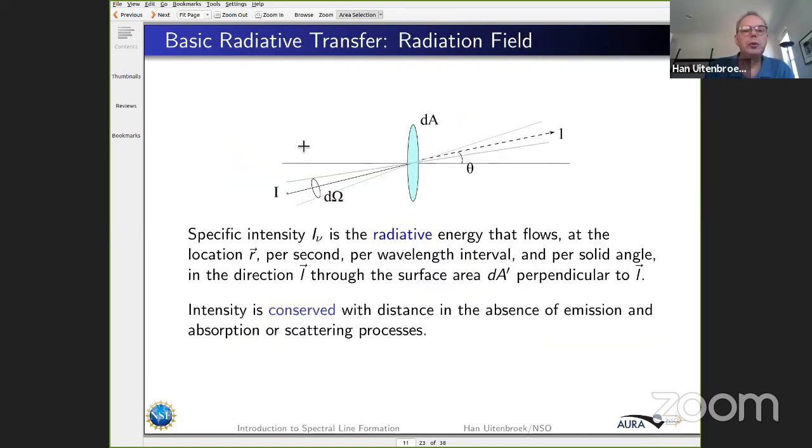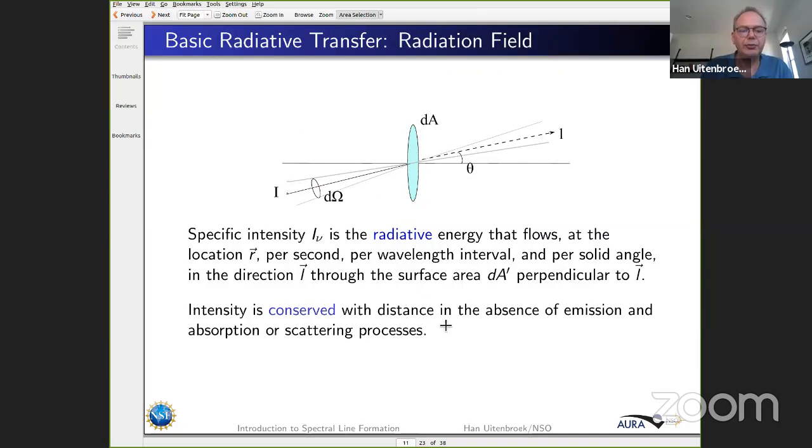So to go into the theory of radiative transfer and how spectral lines form, we need to define a couple of quantities. The radiation field, the specific intensity, I, is the radiative energy that flows at the location R per second per wavelength interval per solid angle in the direction L through a surface area dA perpendicular to the ray, the direction in which I flows.